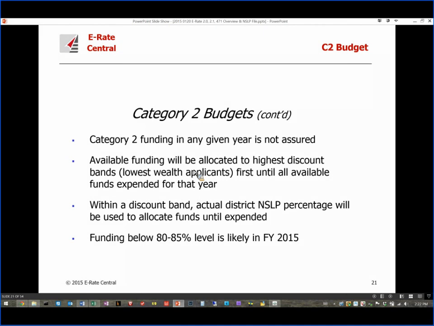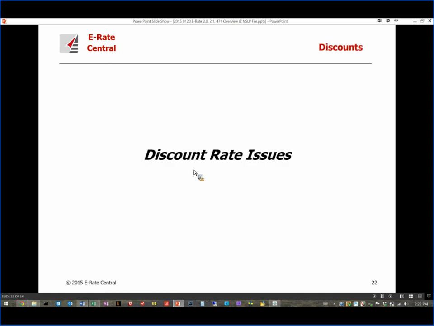We're anticipating that funding below the 80 to 85% level is very likely in funding year 2015. So we're highly encouraging applicants to file, particularly with the additional funds that are allocated in the CAP, and other information we have seems to indicate funding will be there.